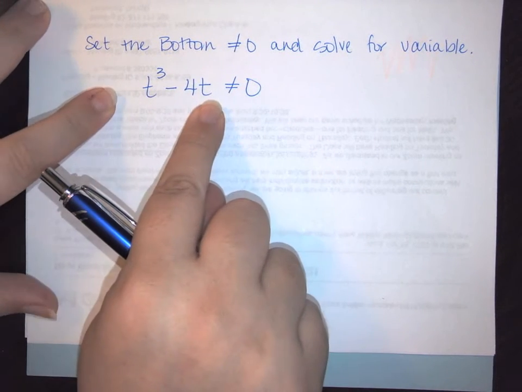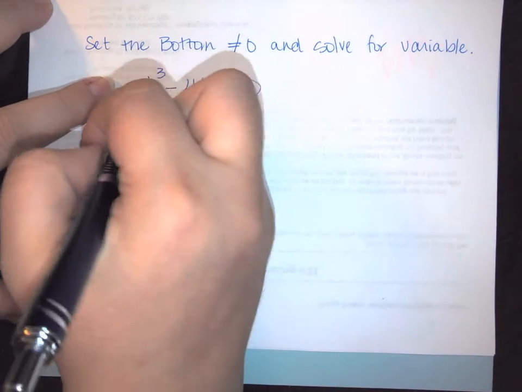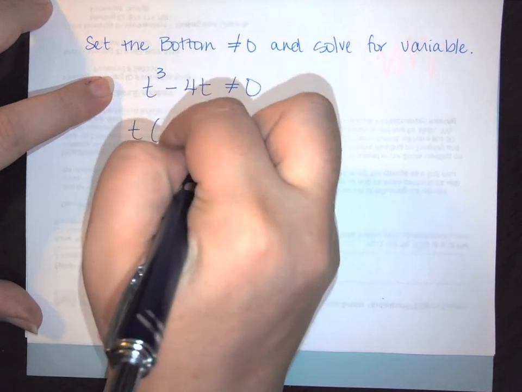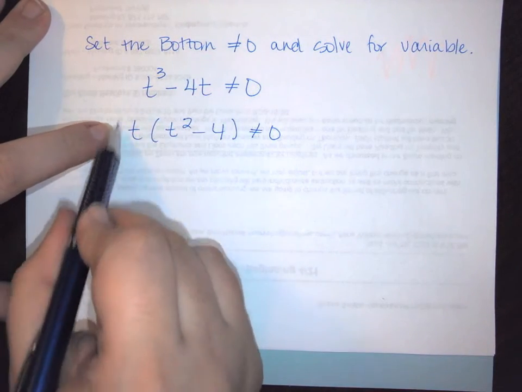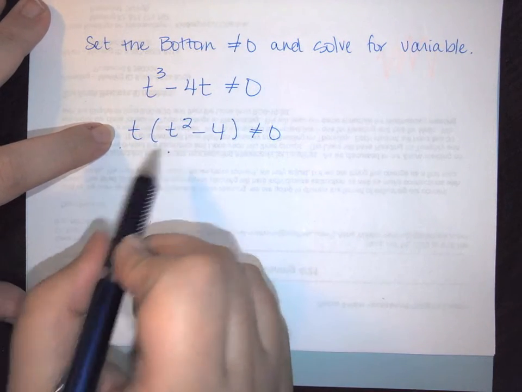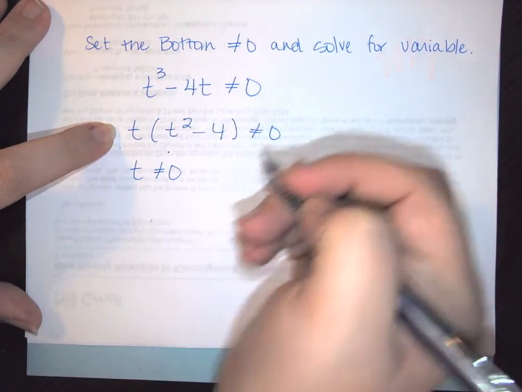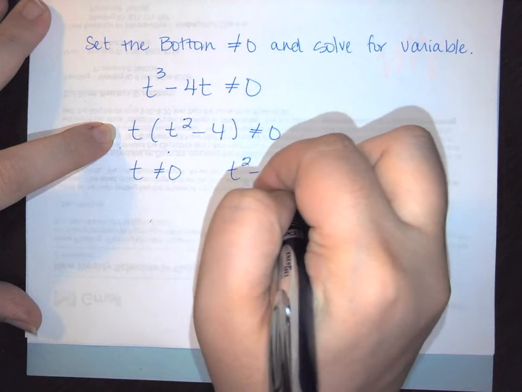The first thing I would do is pull out a t. So this becomes t times t squared minus 4 cannot be 0. Now I have t and t squared minus 4, so both have to be set not equal to 0.